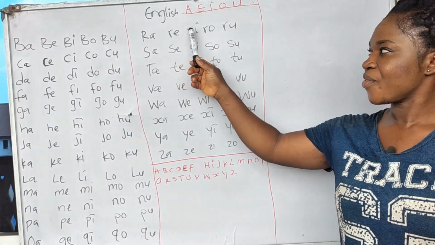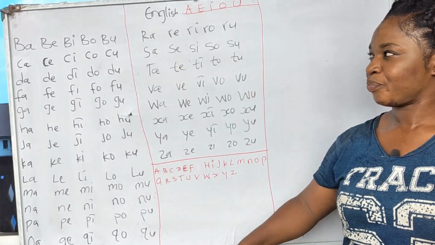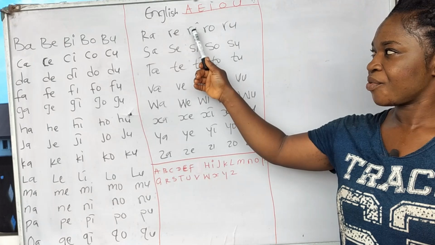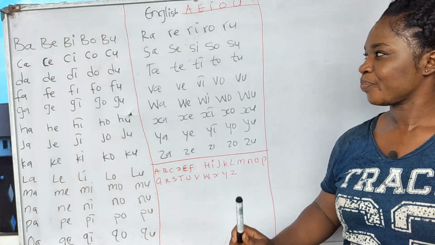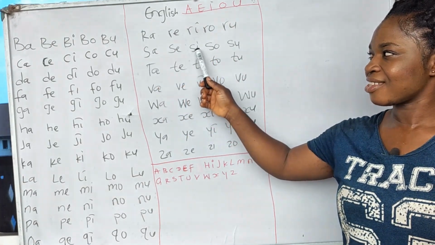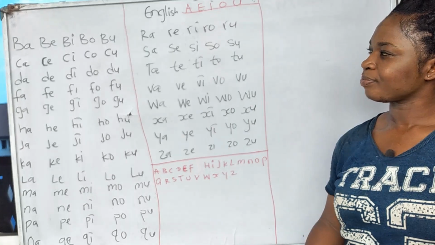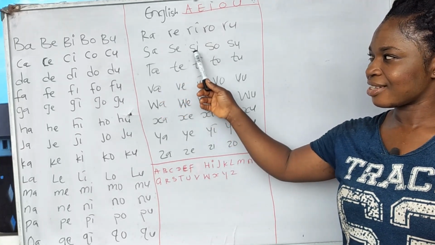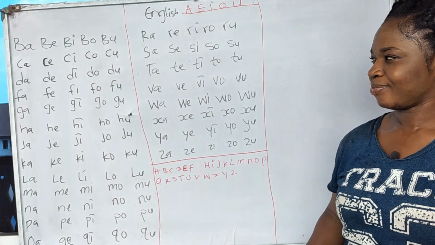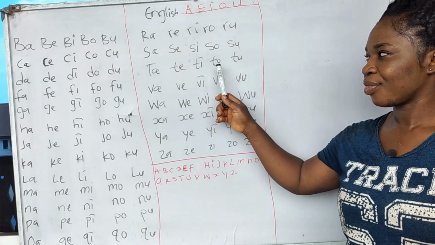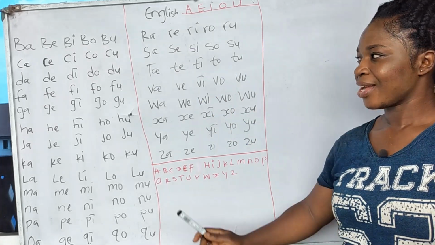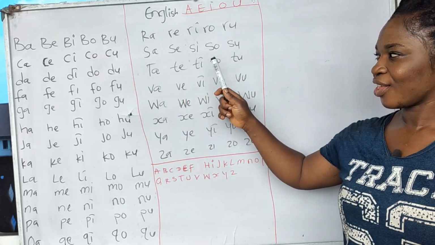Ra, re, ri, ro, ru. Ra, re, ri, ro, ru. Sa, se, si, so, su. Sa, se, si, so, su. Ta, te, ti, to, tu. Ta, te, ti, to, tu.